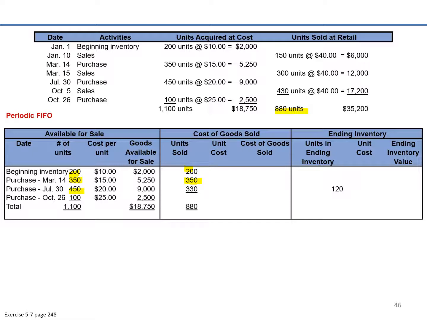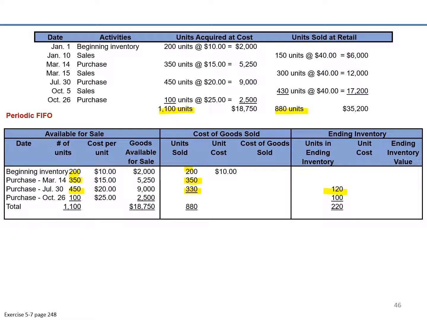We're going to have 450 minus 330, 120 units left from our July 30th purchase, and then we're going to have all 100 units left from October 26th. So we have 220 units left in ending inventory because we sold 880 and we started at 1,100.